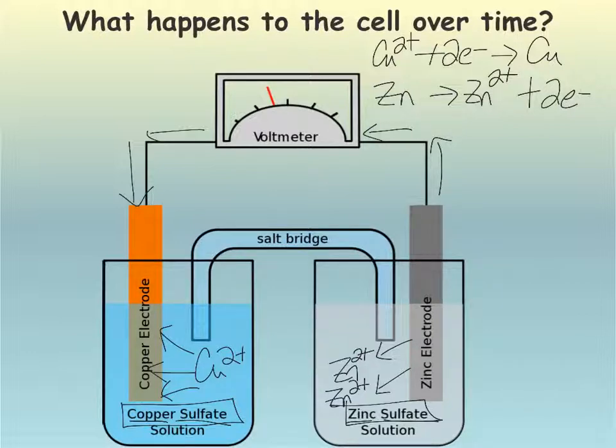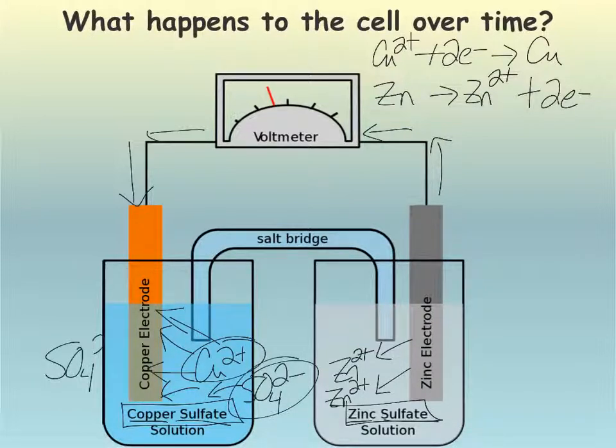However, as this reaction continues to run, all the copper 2+ ions are gaining electrons and are leaving solution. So you're basically left with an excess of SO4s in solution, way too many SO4s over here. Over here, we had equivalent amounts of zinc and sulfate. As time goes on, the zinc electrode loses its electrons and is dissolved in solution as Zn2+.